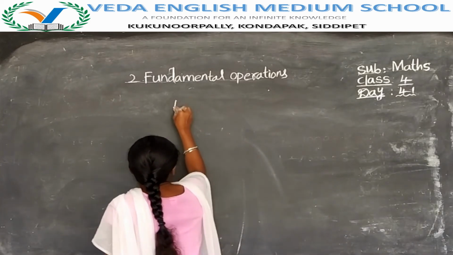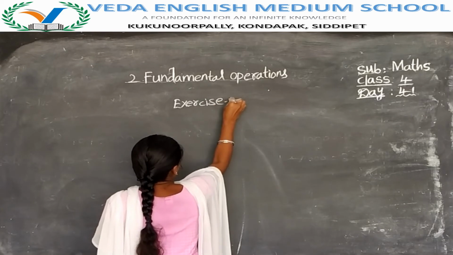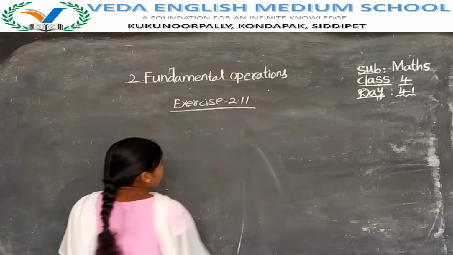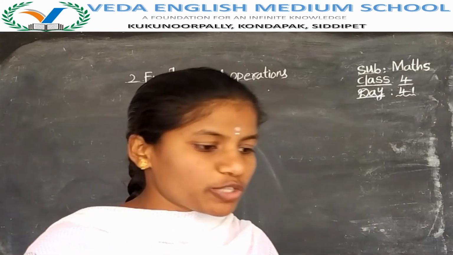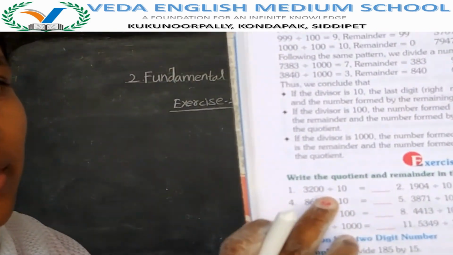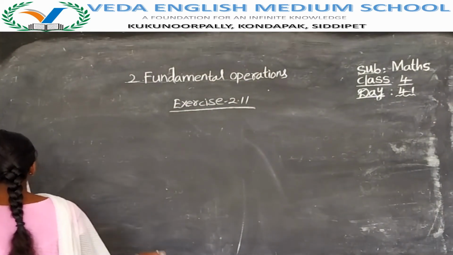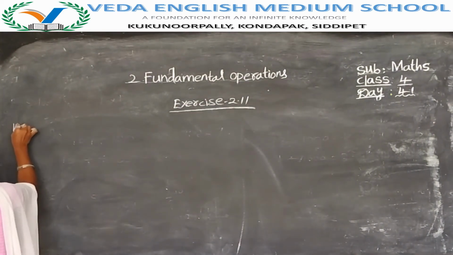So exercise 2.11. In your textbooks, page number 40. Exercise 2.11. See here. First, write the quotient and the remainder in the given divisions.